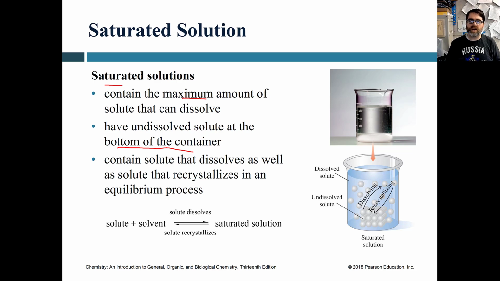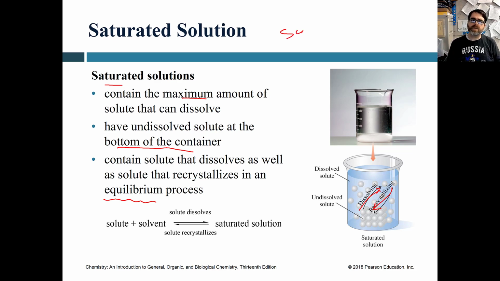The individual ions that are dissolved are changing as some new ones dissolve and some recrystallize, but you end up with what's called an equilibrium situation, where the amount of stuff that is dissolved stays the same, but which pieces individually are there don't stay the same.